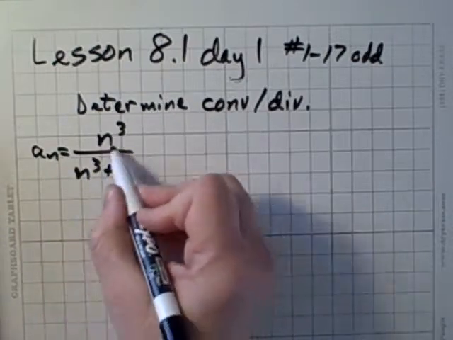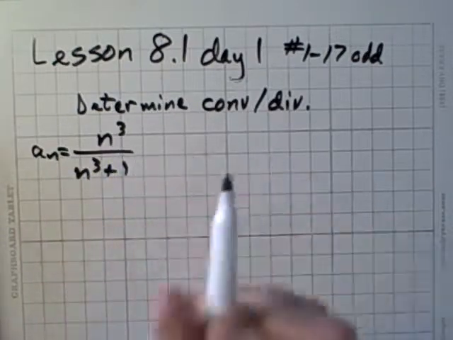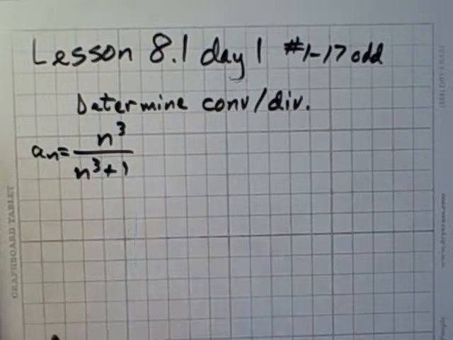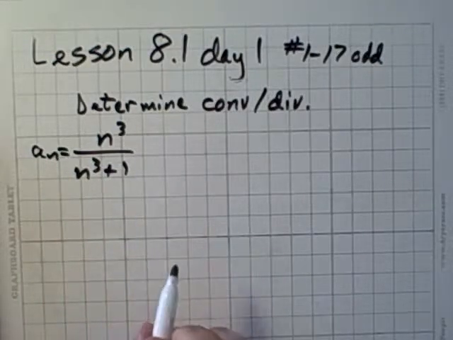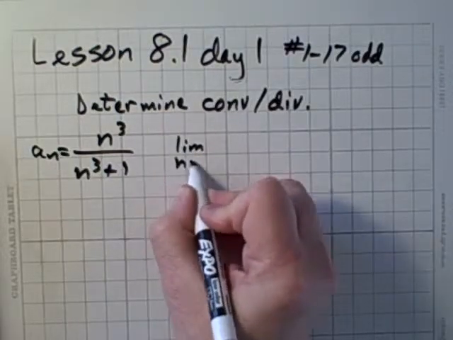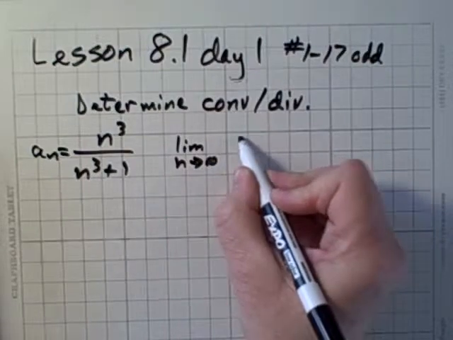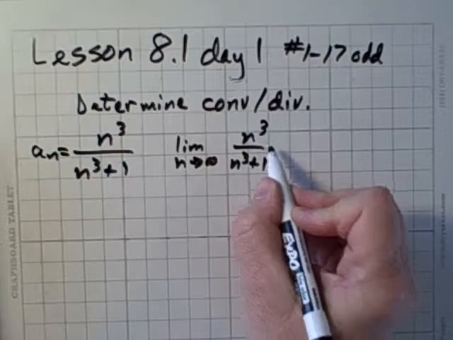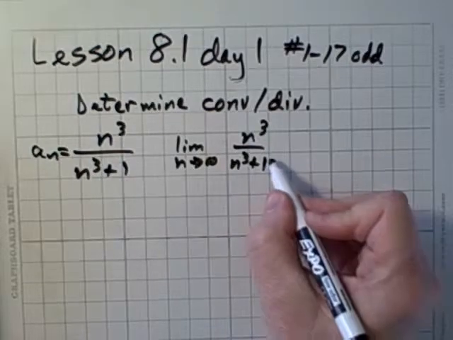We could put 1 in there, 2 in there, 3 in there, and write the pattern out. Our question really is, does this thing head toward infinity, or does it close in on a particular value? So yes, we want to take the limit as n goes toward infinity on the nth term formula itself, and then decide if it has a limit or not.